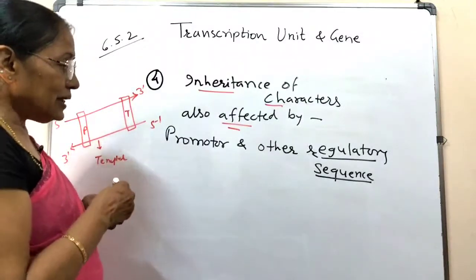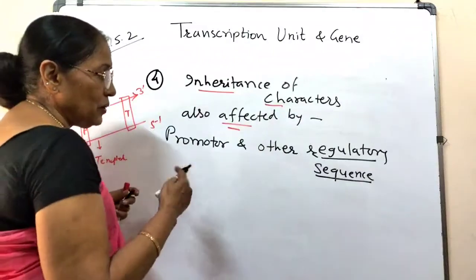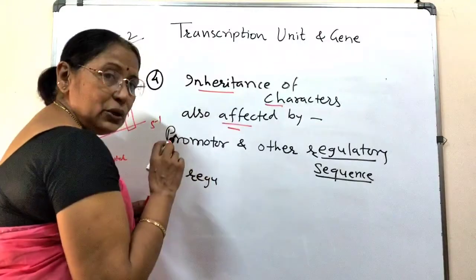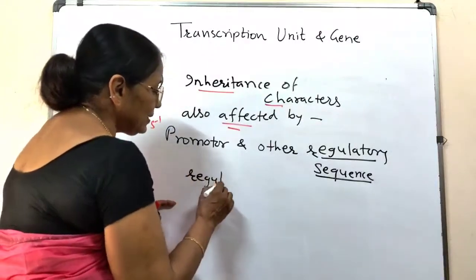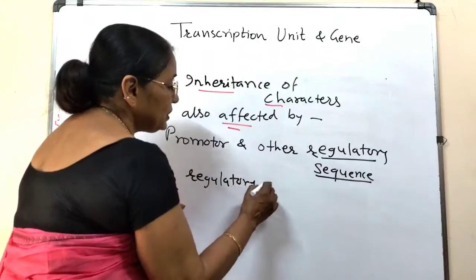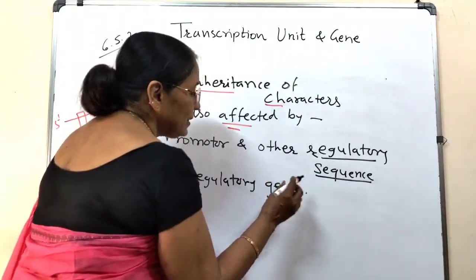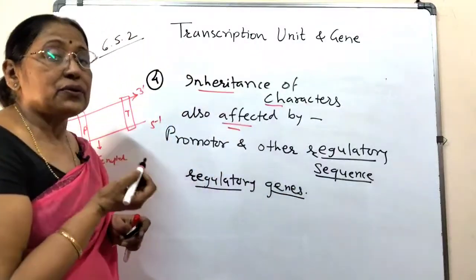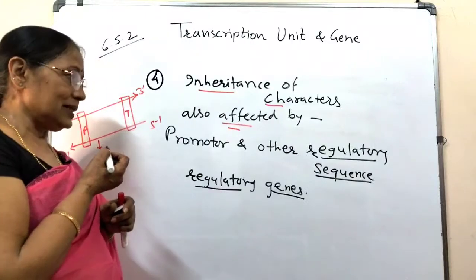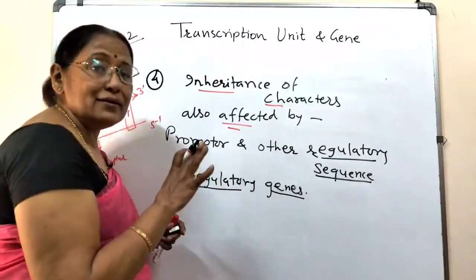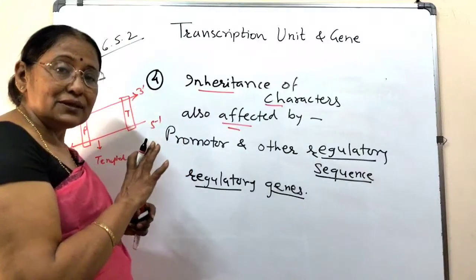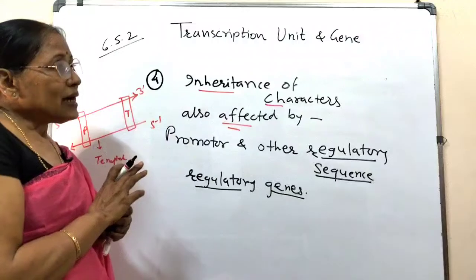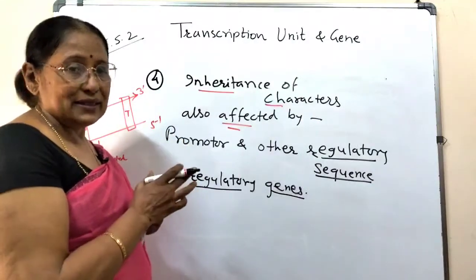That's why sometimes, loosely, these are also defined as regulatory genes. So the word gene comes here too, and we cannot use it exclusively. So you are understanding the different types of definitions and the different types of difficulties which are related to the DNA sequences. Fine.